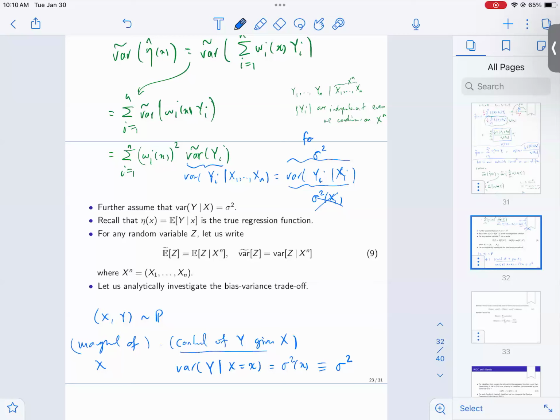This happens, for example, if you have a regression problem with a mean plus some noise that has the same variance. Sometimes it's called homoskedastic, as opposed to heteroskedastic. So then things would simplify.